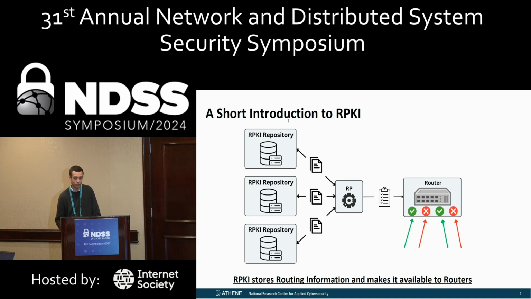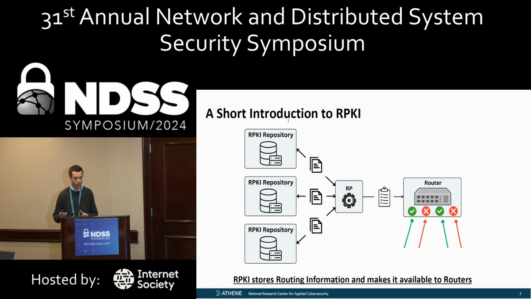RPKI achieves this by having a set of distributed repositories around the internet, basically servers that contain files, and systems uploading authorization objects to these repositories that contain information about who is authorized to announce their prefixes over BGP. Systems can then use this RPKI information to make routing decisions.